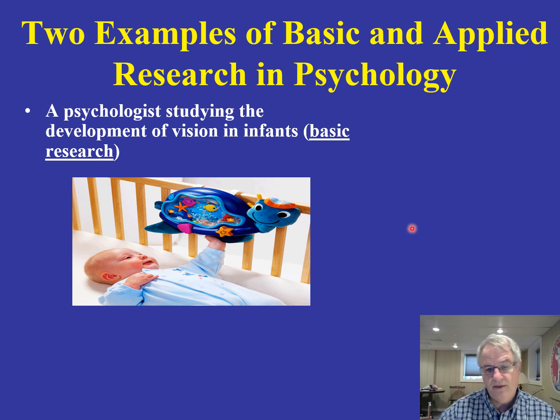What you do when you write up that research and publish it in a psychology journal is you talk about the linkages of the preferences to the development of the visual system itself, and what is happening in terms of receptors in the eye, and what is happening in terms of the connections that are being made in the brain and that are developing at this period of time during infancy. Now, that work probably doesn't have any real world importance at that particular time, except telling us about the development of the visual system and preferences for colors and shapes and sizes.